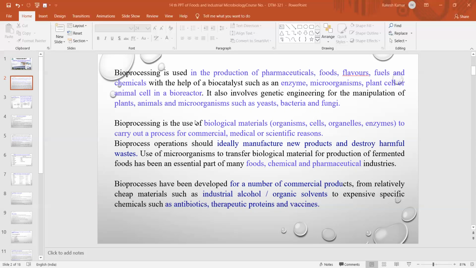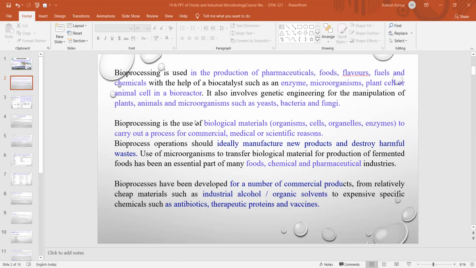If you talk about bioprocessing, it is generally used in the production of pharmaceuticals, foods, flavors, fuels, and chemicals with the help of biocatalysts such as enzymes, microorganisms, plant cells, animal cells in a bioreactor.